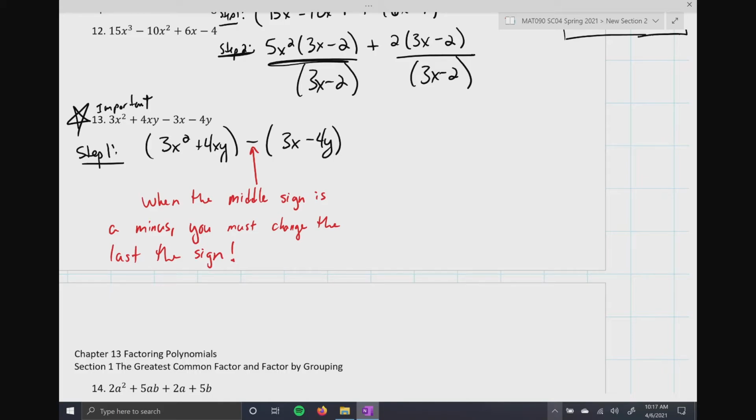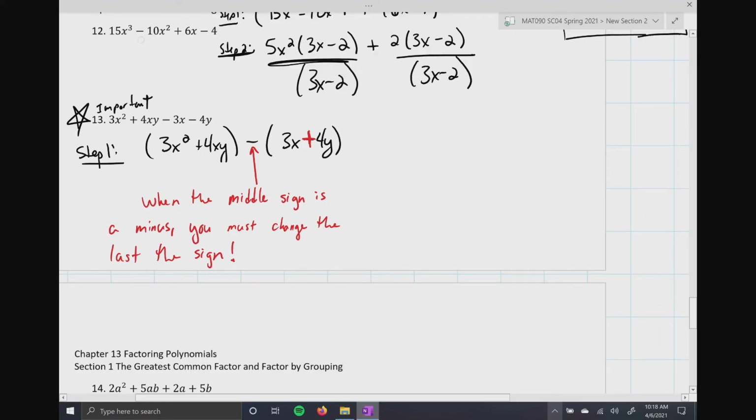So, in my second set of parentheses, that 3x minus 4y, because that middle sign is negative, I have to make it positive. That second sign has to change. Okay?